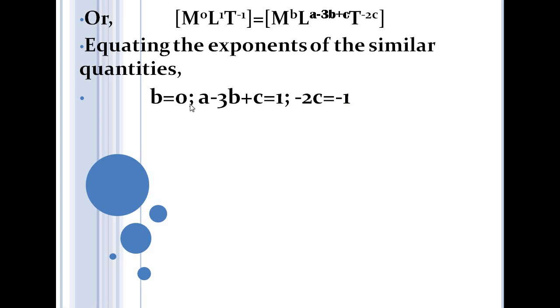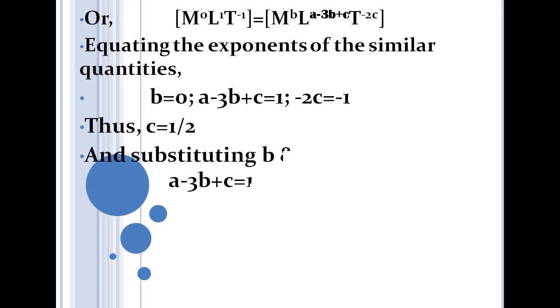Now replace the values of b and c in this equation: a minus 3b plus c, b is already 0, so only a plus c is left, and we replace c by 1 by 2, and substitute the value, we get a equals 1 by 2, b equals 0, c equals 1 by 2.